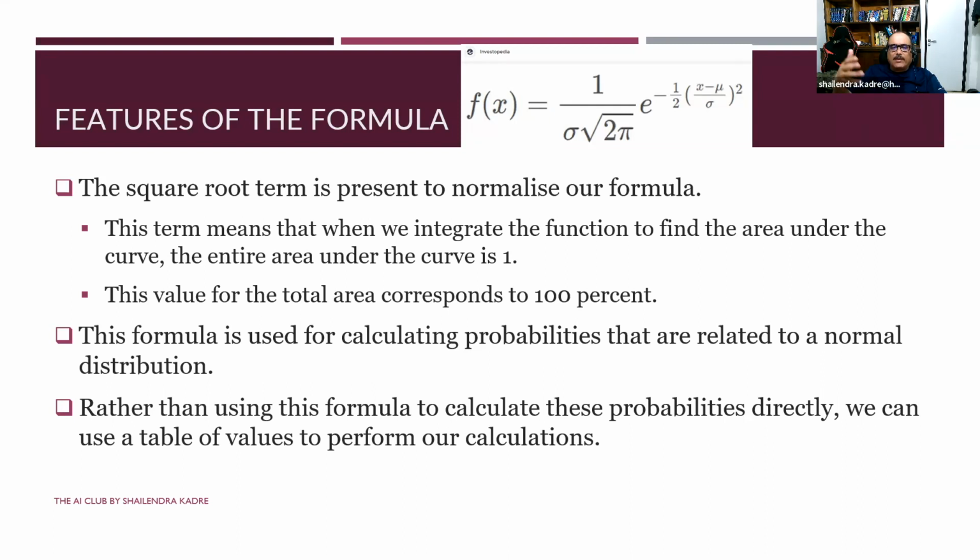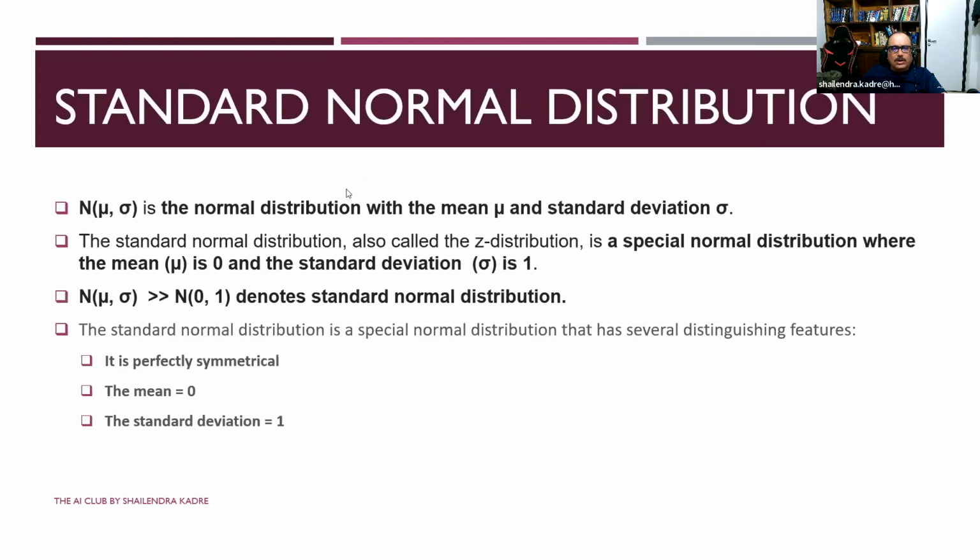So some kind mathematicians have already worked out values of f(x), where f(x) means y, for every x. They have given us tables instead of applying this formula and calculating every time with the help of a calculator. We can look at that table and find the value of probability. We will come to know how to do that.